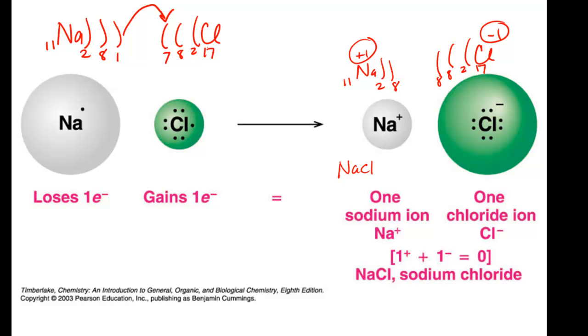Let's look at another one, and that is magnesium chloride. Magnesium is element number 12. Chlorine is element 17. So magnesium has 2, 8, and 2. Chlorine has 2, 8, and 7. Magnesium will want to get rid of 2 electrons, but chlorine will only want to accept 1.